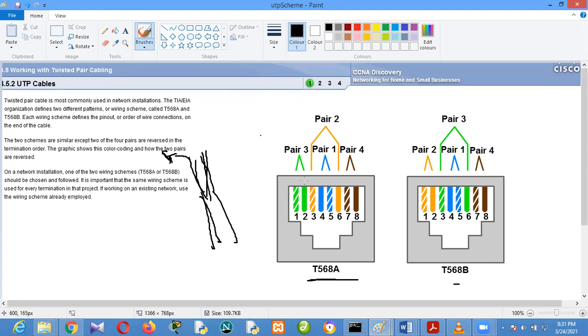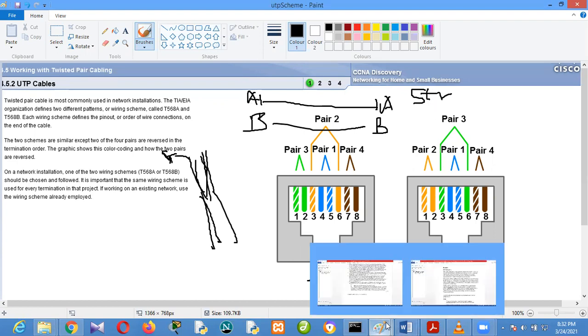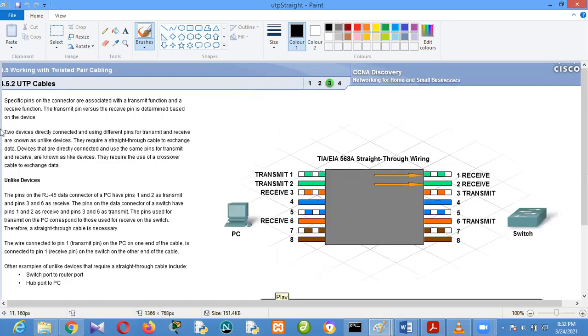Now, whenever you terminate one end as A, the other end is supposed to be terminated as A. If you terminate one end as B, for instance, the other end is supposed to be B. If the two ends are the same, that kind of cable is called a straight through cable.